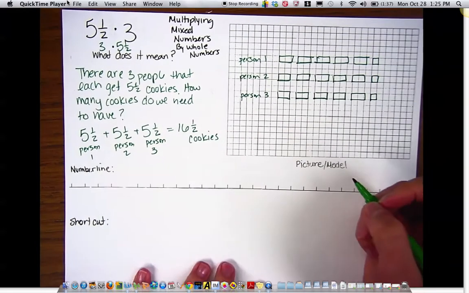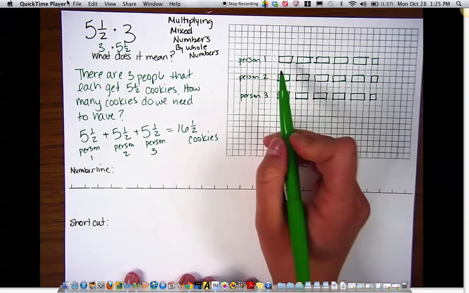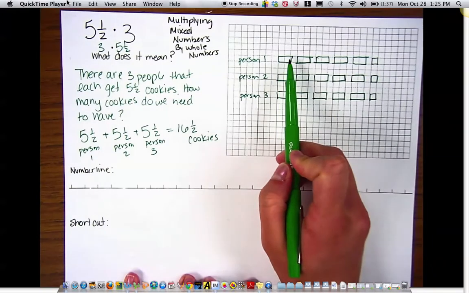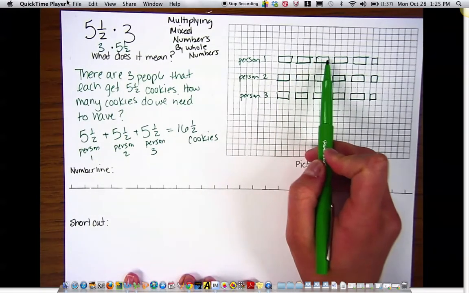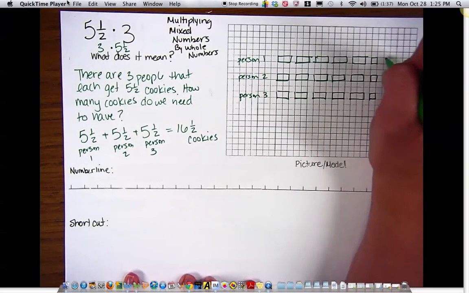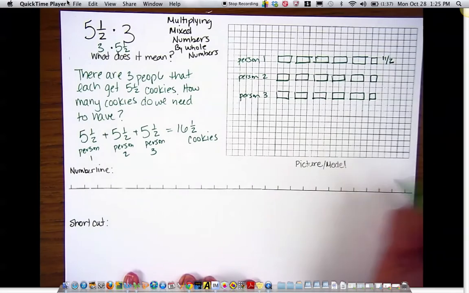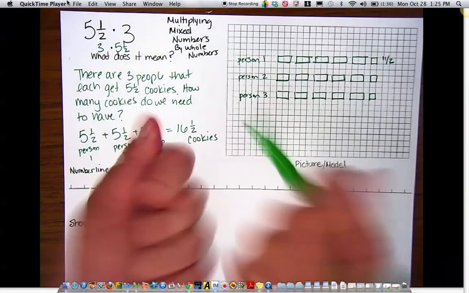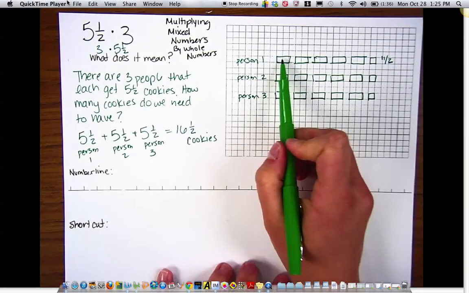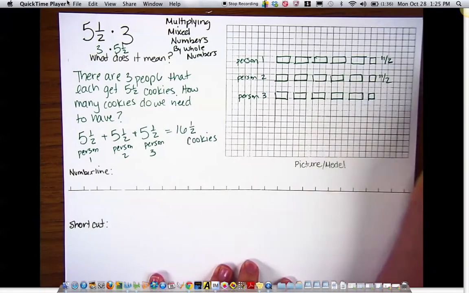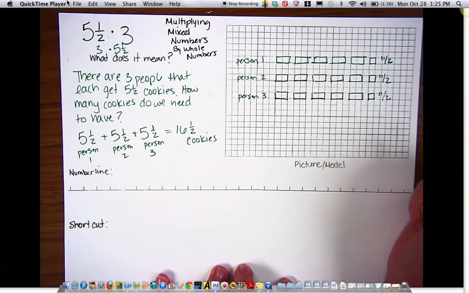How many halves are there for each person? Well, this is a half, so 1, 2, 3, 4, 5, 6, 7, 8, 9, 10, 11. There are 11 half pieces of cookie for each person. If we took each of these cookies and broke them in half, we would have 11 half pieces for person 1, 11 half pieces for person 2, and 11 half pieces for person 3.